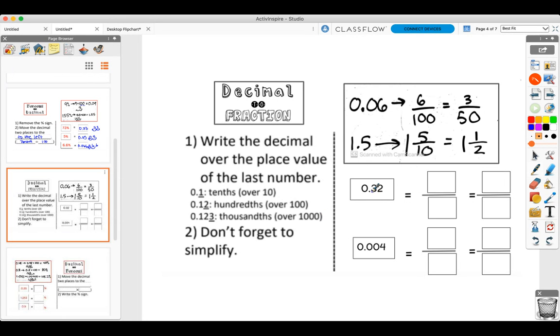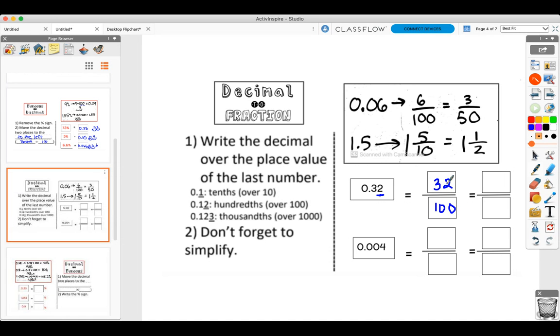So you have 0.32. In this, the last digit is in the hundredths place. That means you're going to do 32 divided by 100. Now we have to simplify. Can we identify the largest number that goes into both?